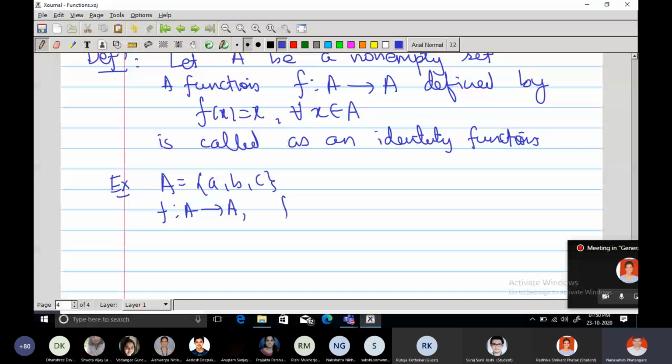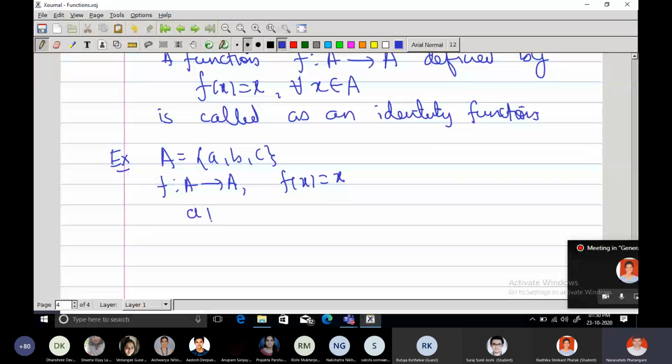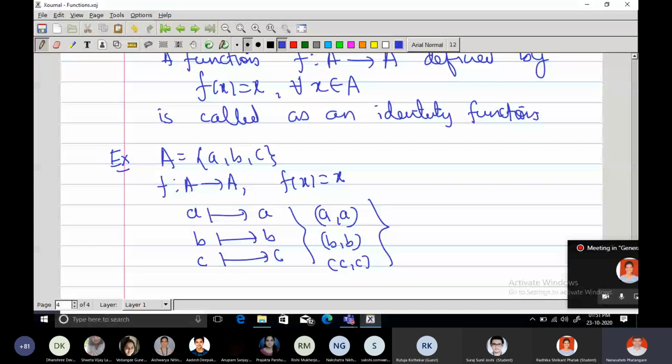Where A goes to A, B goes to B, C goes to C. That means A is mapped with A, B is mapped with B, and C is mapped with C. So you can say that the identity function is a reflexive relation. This is one characterization. So this is the identity function. Is it clear now?